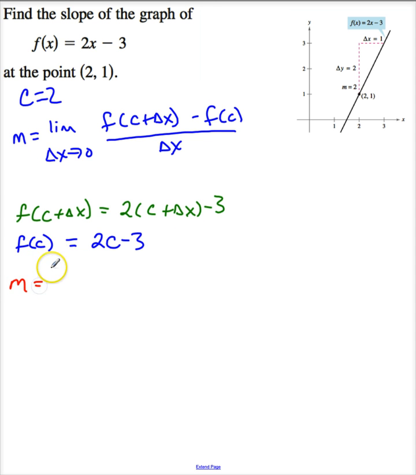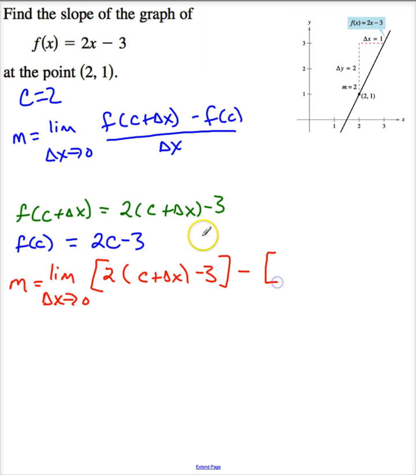m is equal to the limit as delta x approaches 0 of f of c plus delta x, which is 2 times c plus delta x, parentheses, minus 3. Now I'm going to put brackets around here because I need to make sure we understand that that's the first term minus the second term.